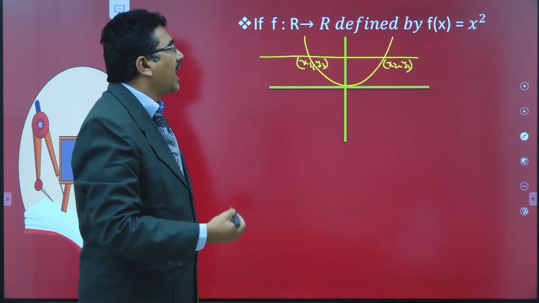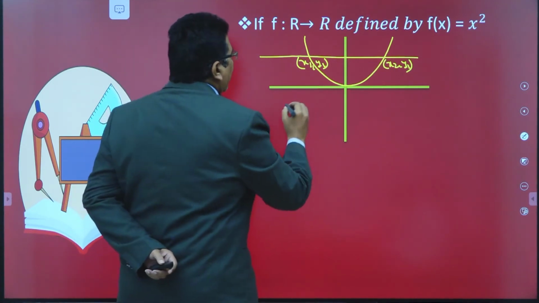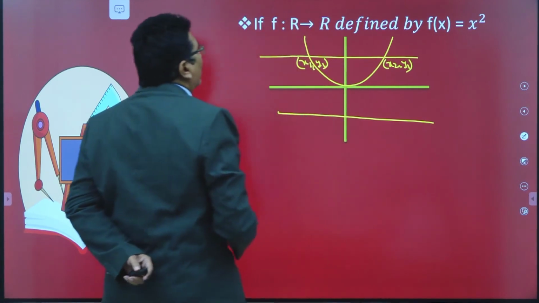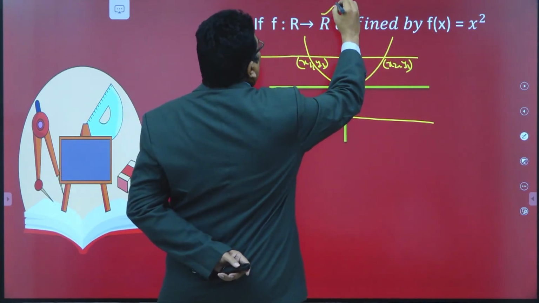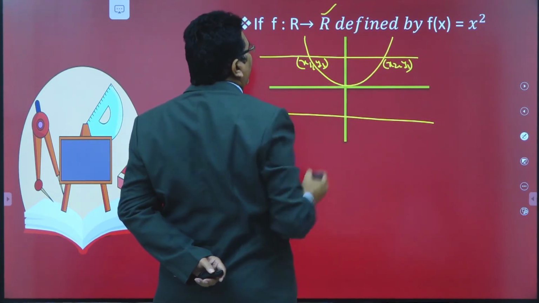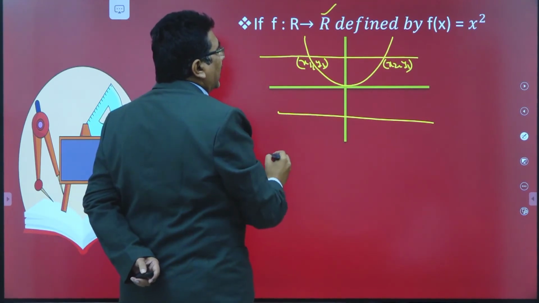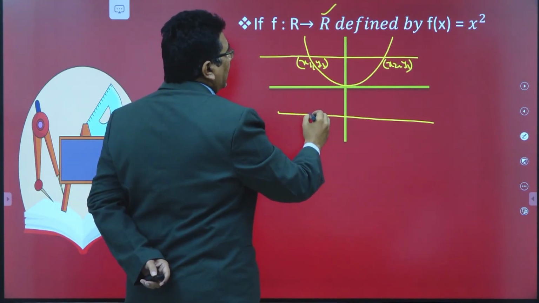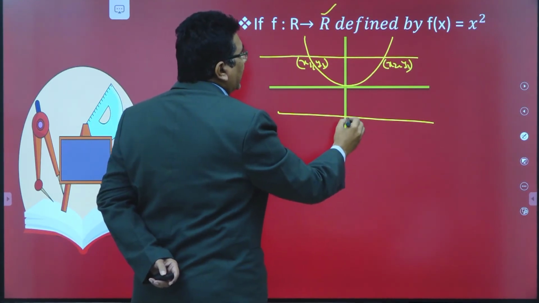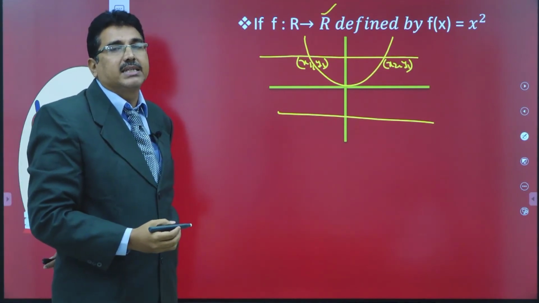Now go to onto. Draw a horizontal line from the points in the codomain. Here the codomain is the set of all real numbers, that is minus infinity to infinity. This horizontal line does not intersect the graph.